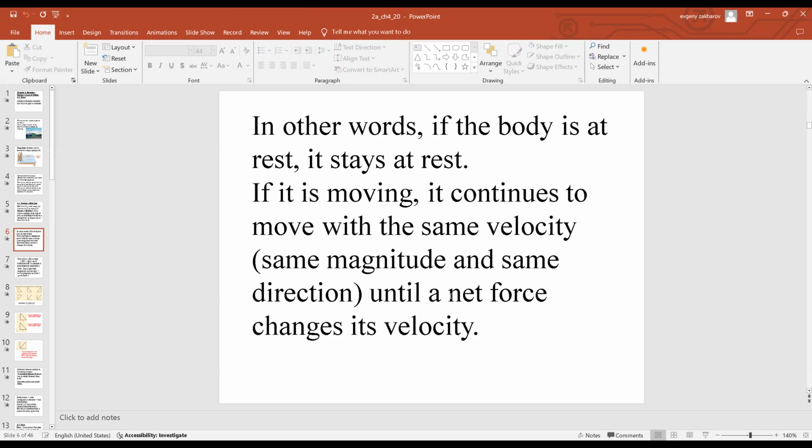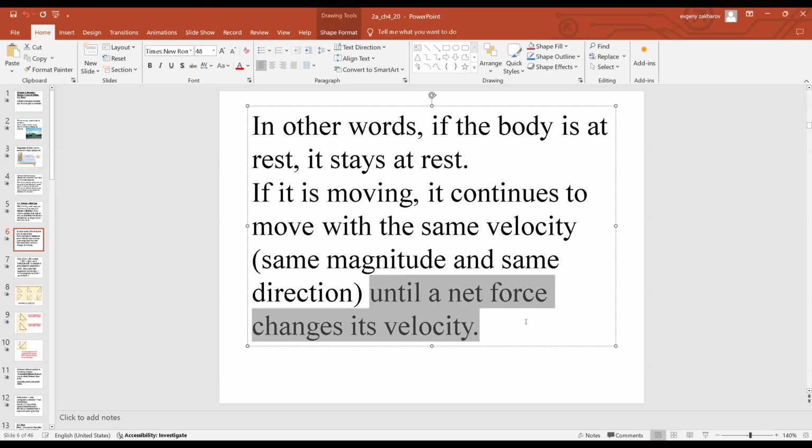So if there's no net force acting on the object, no change, and you will keep on moving in the same direction with the same speed, or you will stay at rest if you were at rest, so no change in motion.